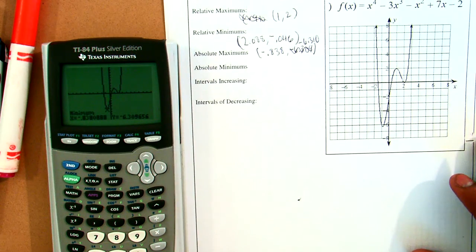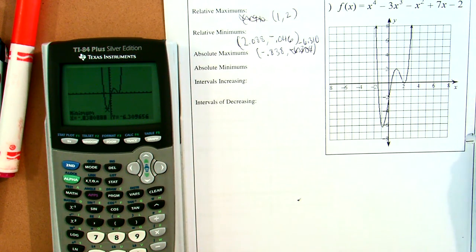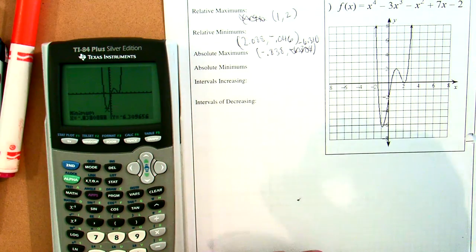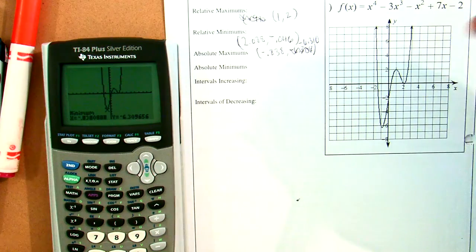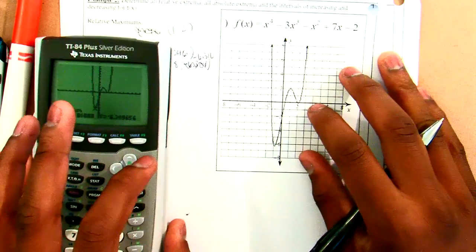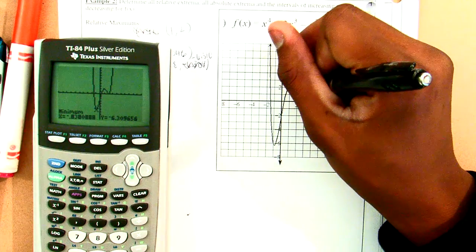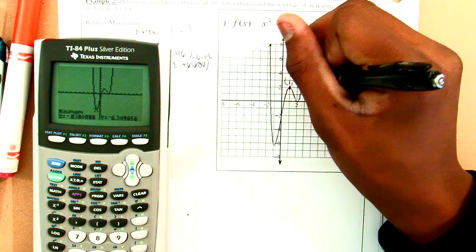John, just one small critique here. I like how you found all these points, but can you put them on your graph so we don't get confused where we are? Yes, sir. All right. So this point right here is 1, 2.